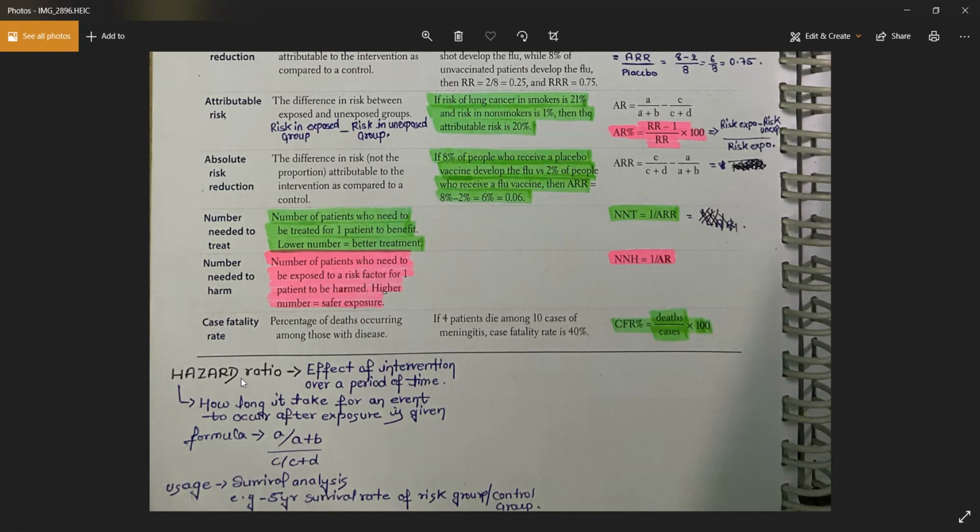So how much time is required to get the outcome after a certain exposure is given? It is calculated by the hazard ratio.